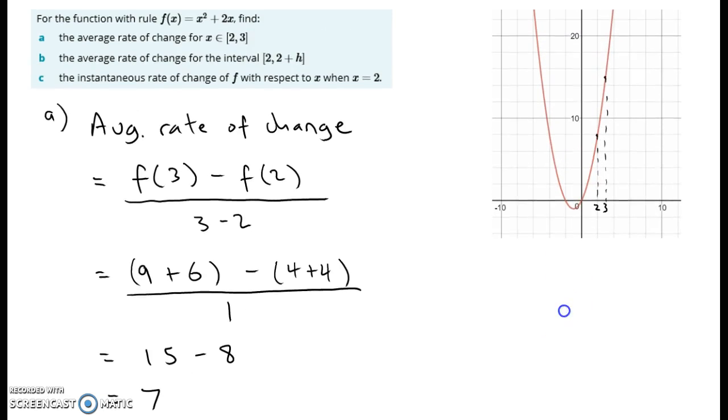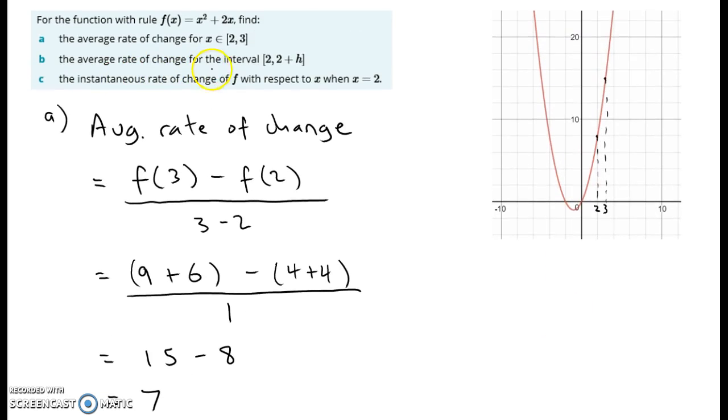Now part B is asking us to find the average rate of change for the interval 2 to 2 plus h. So this is our 2 coordinate here, and then the 2 plus h you can imagine will be somewhere out here, or it could actually be this direction if h happened to be negative, but the process is exactly the same.